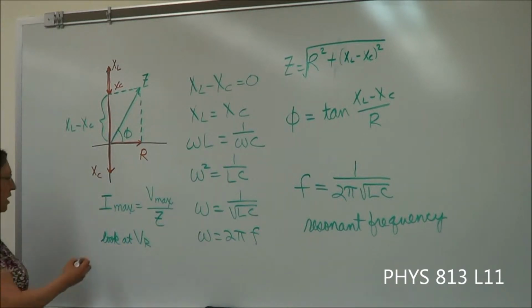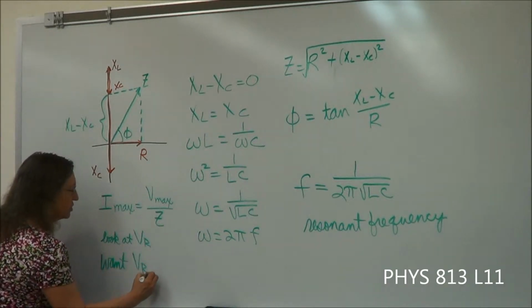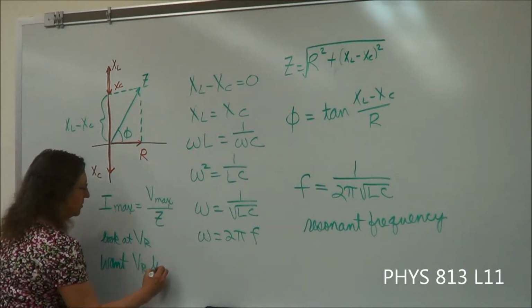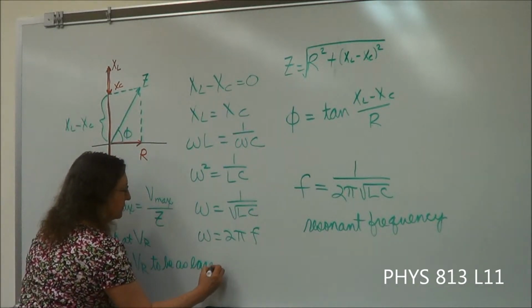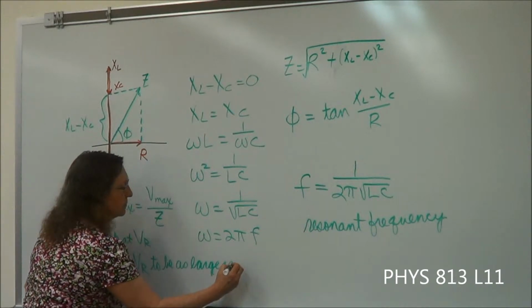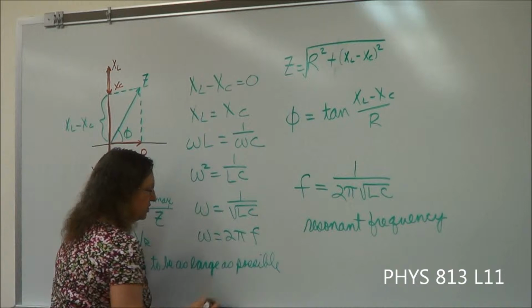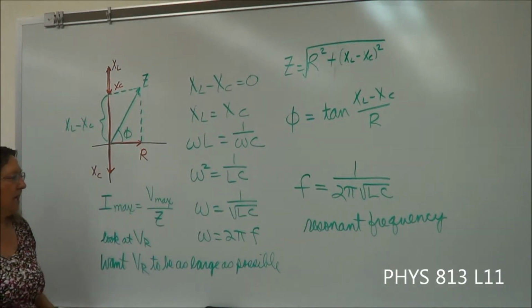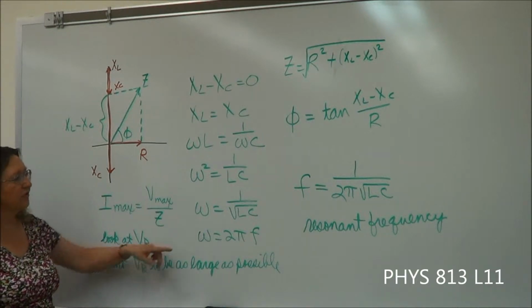So what we want is the voltage across the resistor to be as large as possible. So what we're going to do is set up the circuit, and we're going to change the frequency.